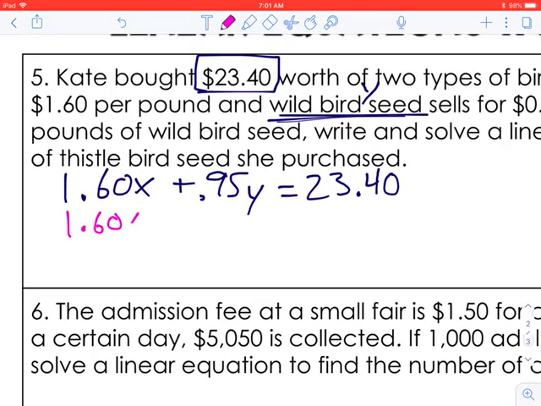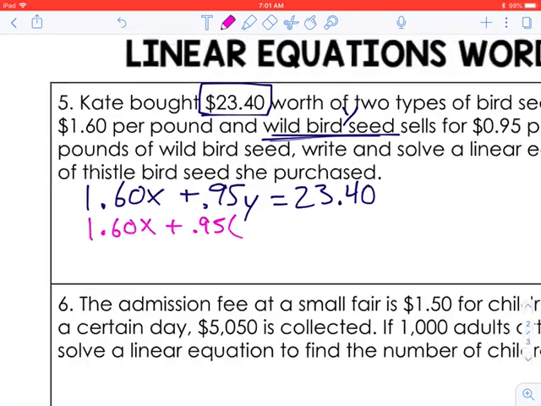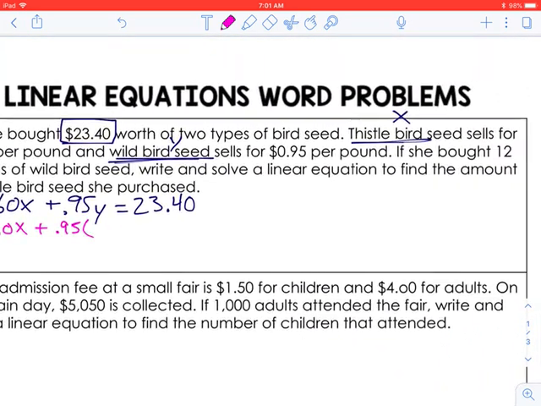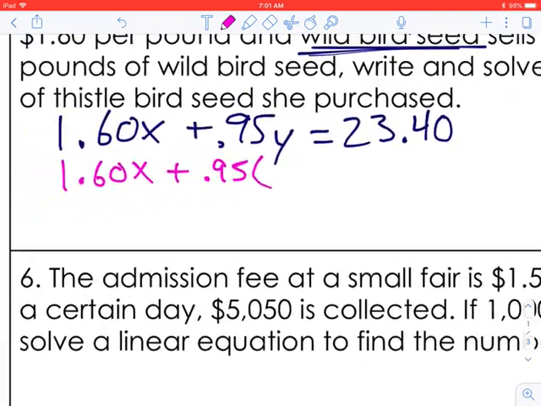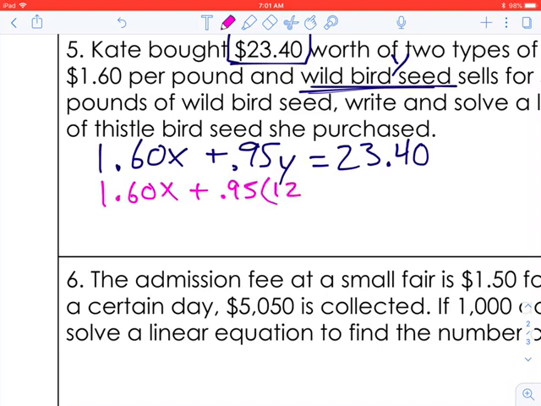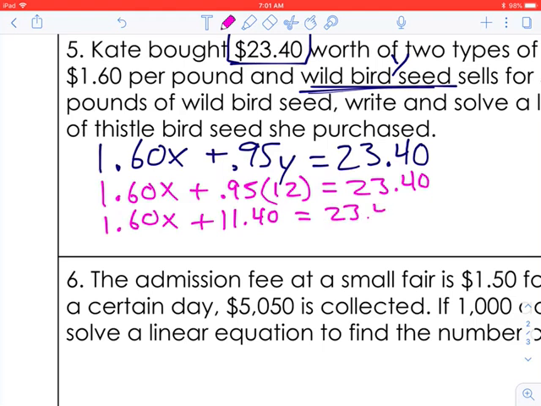1.60x plus 0.95 times how many pounds? 12 pounds, equals 23.40. And so I've got 160x plus, using my calculator, 0.95 times 12 is 11.40, equals 23.40.